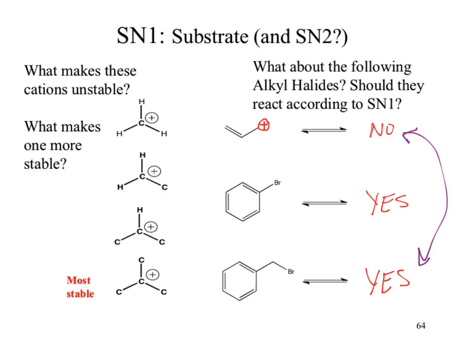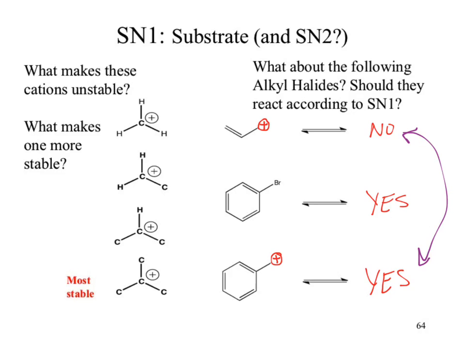Look at the bottom one, the one you said yes on. Top one you said no, and if we erase the bromine, what kind of carbocation do we have? Primary again. So again, we're having an issue here. Why is the bottom one a yes and the top one a no? Interestingly enough, the people that said yes for the bottom one are still saying no for the top one.